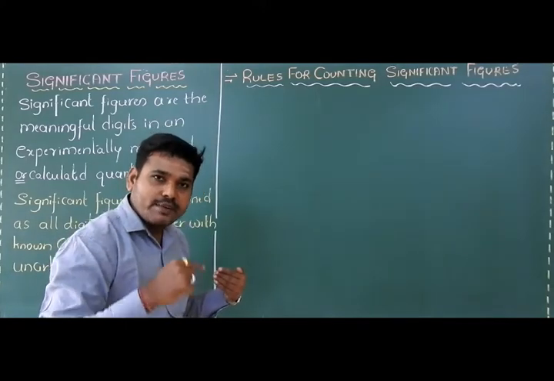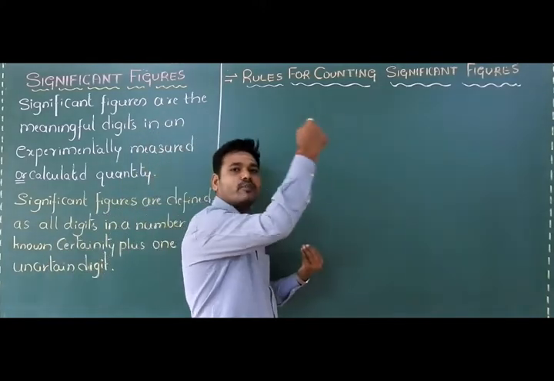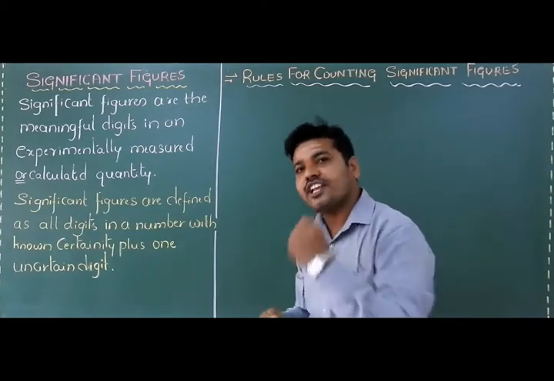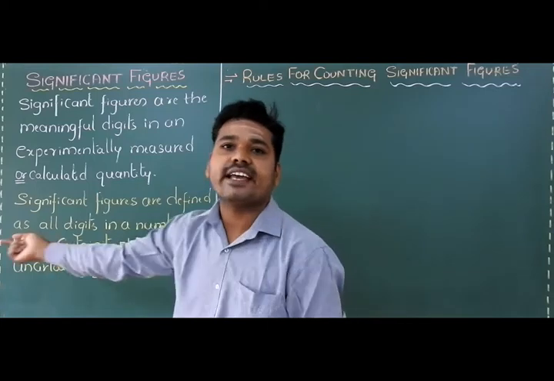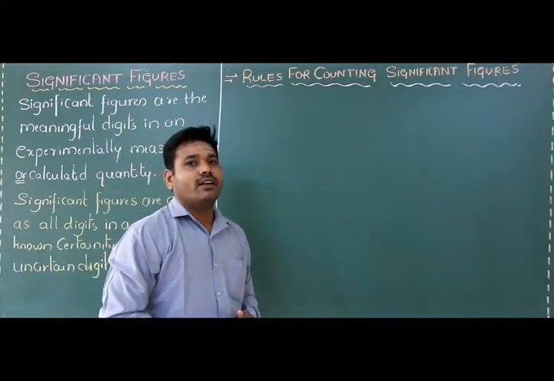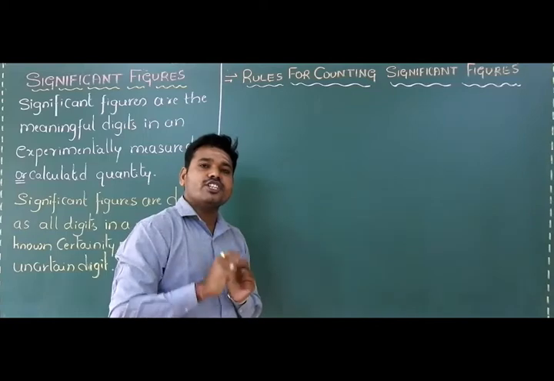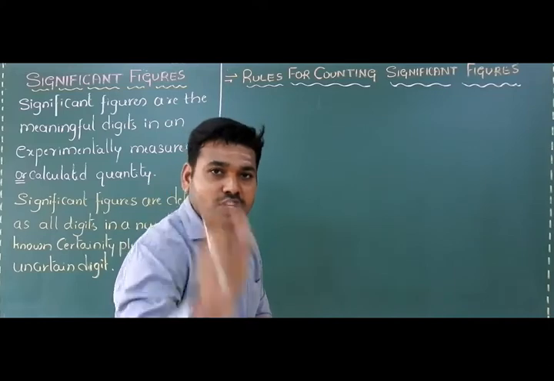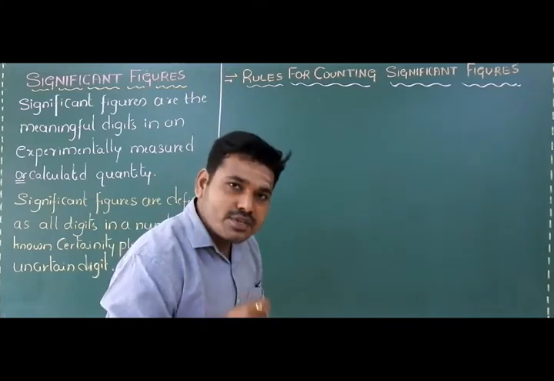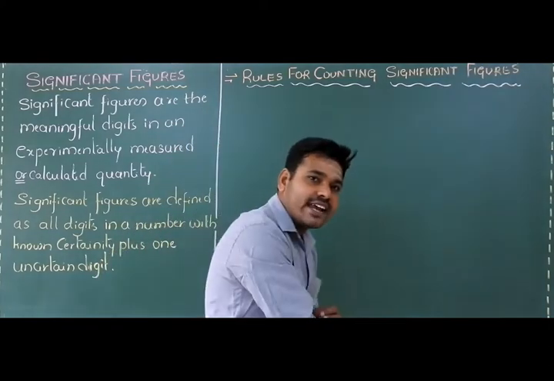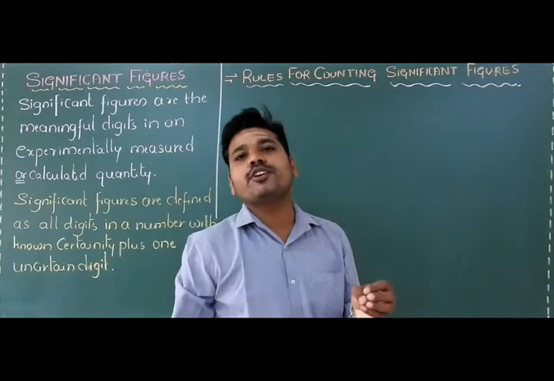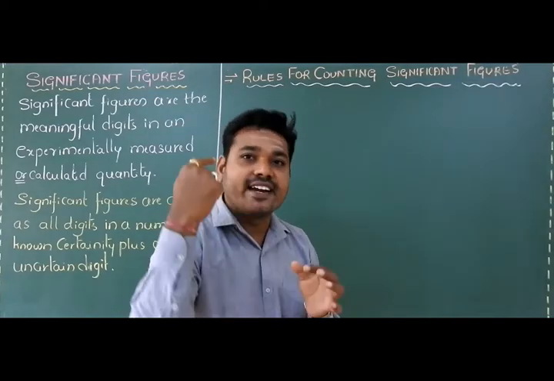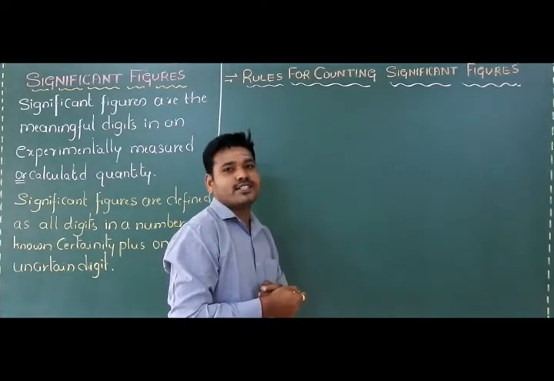And one more very important point: whether you shift the decimal point towards the right hand side or the left hand side, please count the number of digits and then shift the decimal point, students.